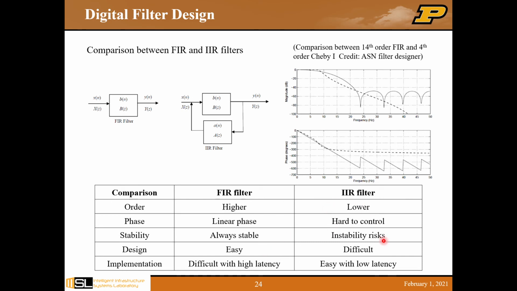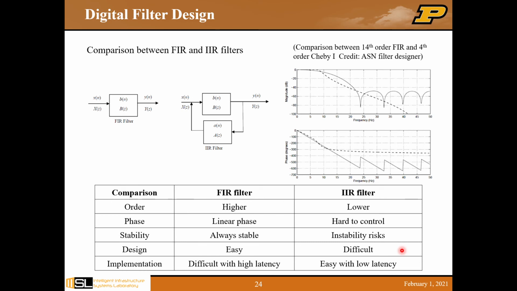But IIR filters usually follow some analog equivalent filters, and also you need to think about more detailed design considerations to tune the parameters. So it's not easy to design, although the example that we've shown before is not difficult.